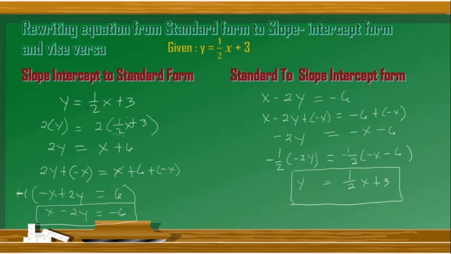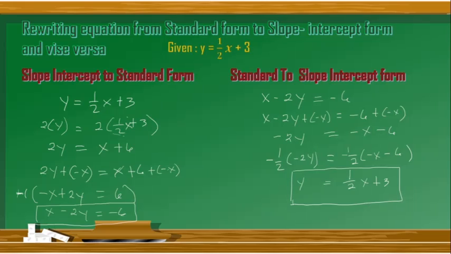So the process is just, first, when you want to transform the given equation in standard form, you have to rewrite it, then apply the addition property of equality. Then next, you have to simplify, then apply the multiplication property of equality, then simplify.